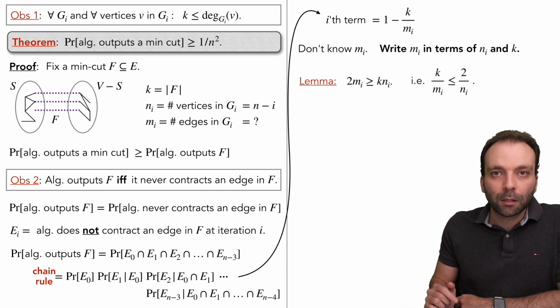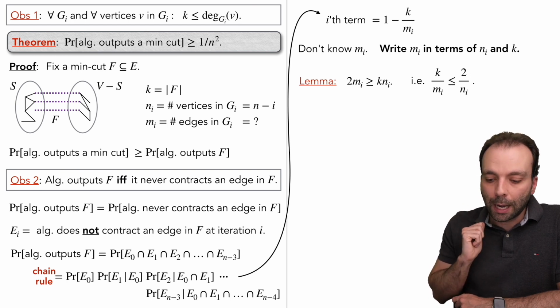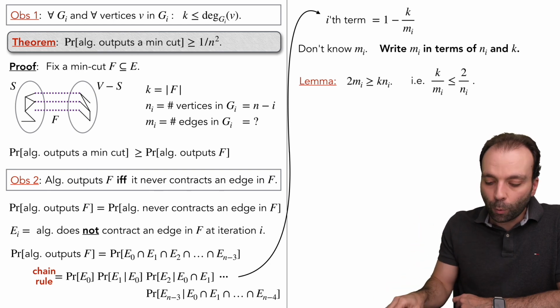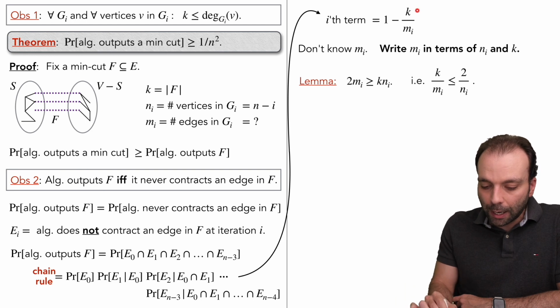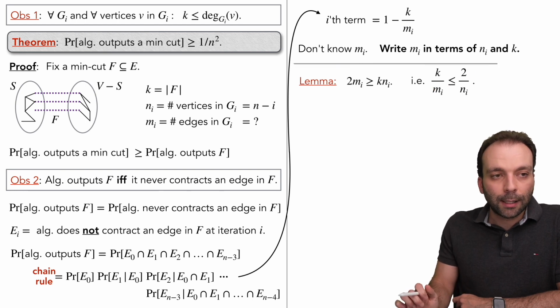Just by rearranging the terms, k over m sub i is upper bounded by 2 over n sub i. The second part is just rearranging terms. Why do I want to write it this way? Because the ith term is bounded by k over m sub i, and so I want to write it in terms of k over m sub i. All right, so that's the lemma we're going to use.